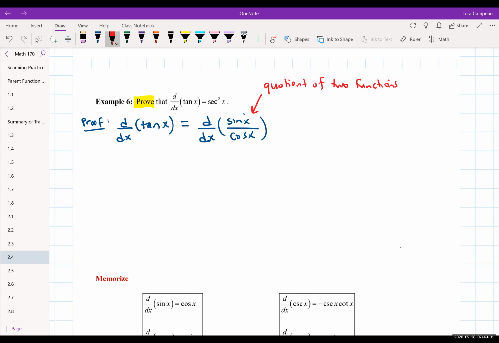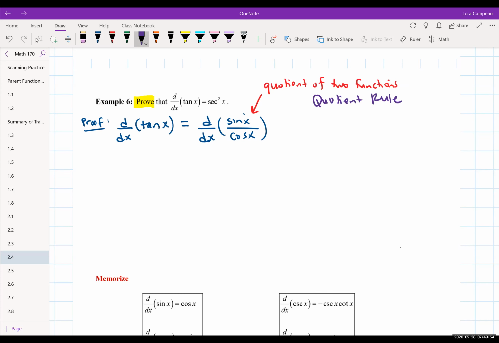We have to be careful though, because when we have the quotient of two functions, we don't just take the derivative of the numerator and the derivative of the denominator. That's not how it works. We can use the limit definition to prove why that doesn't work. But we have to go back and use the quotient rule. So that's going to be key here.